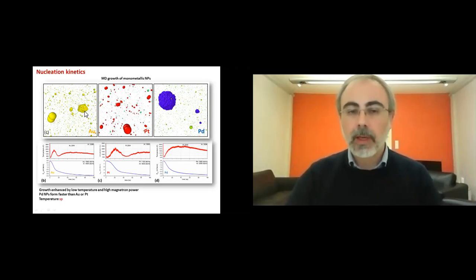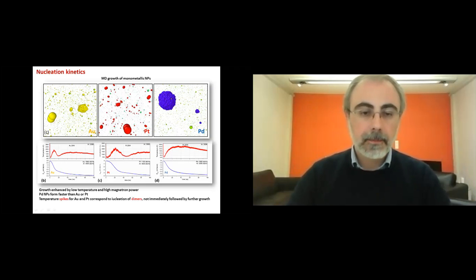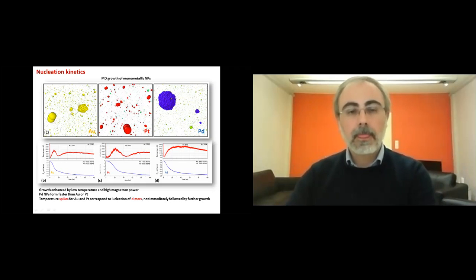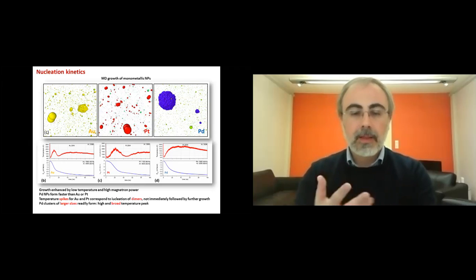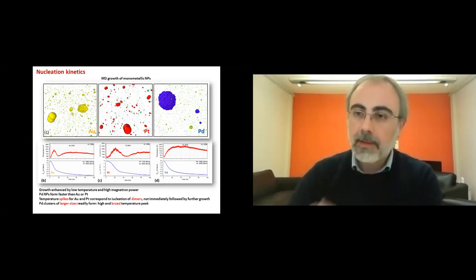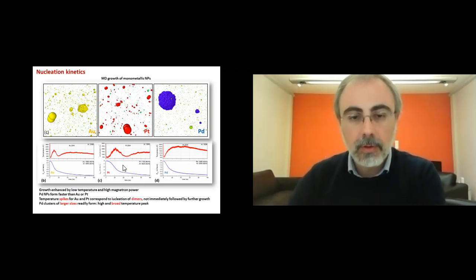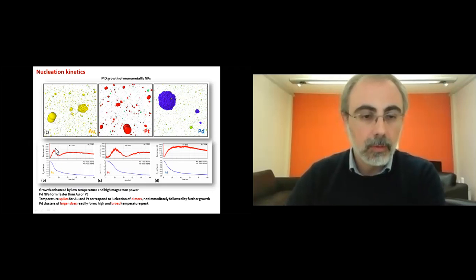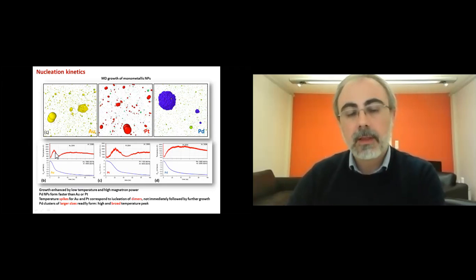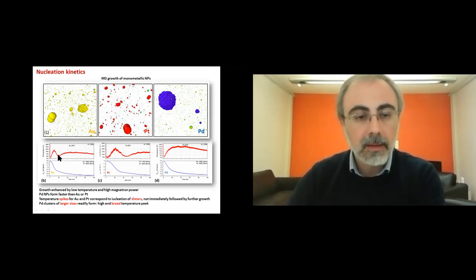Gold is something in between. There are some clusters of gold, slightly larger, and there are also some atoms which are stuck in dimer form. So gold is something in between. And you can detect this from the diagnostics. If you go, for example, to the temperature of gold here on the left-hand side, you'll see this temperature spike, which corresponds to the formation of dimers.